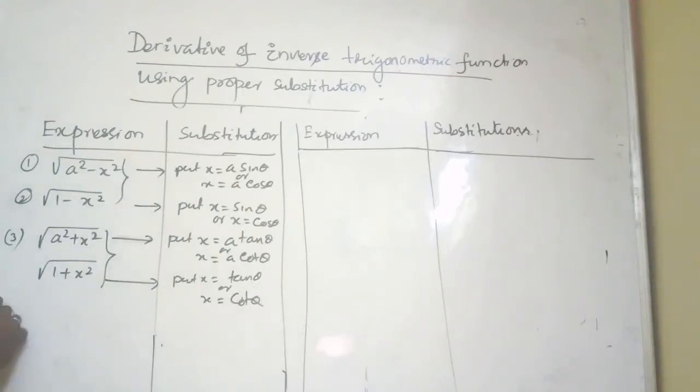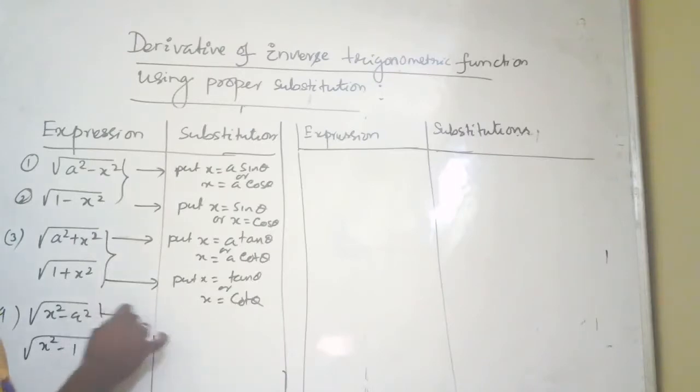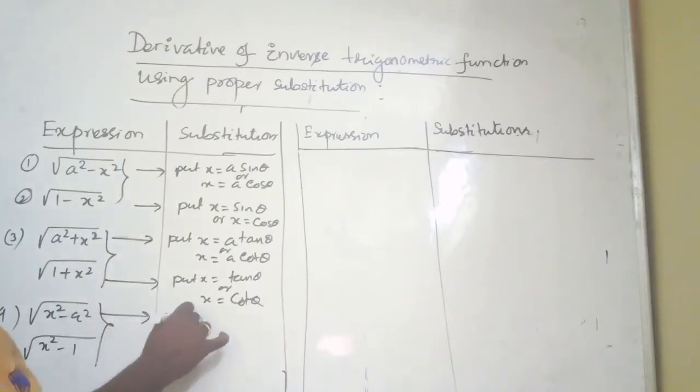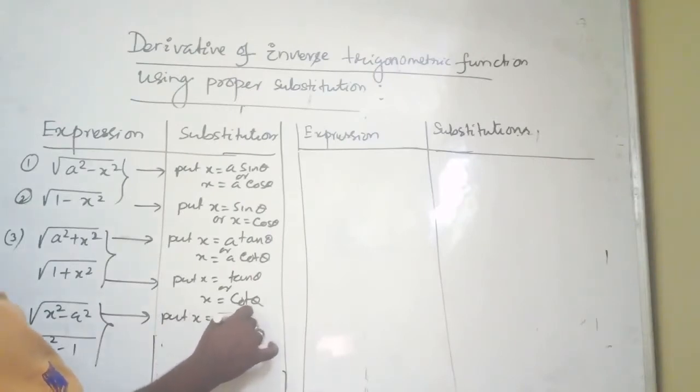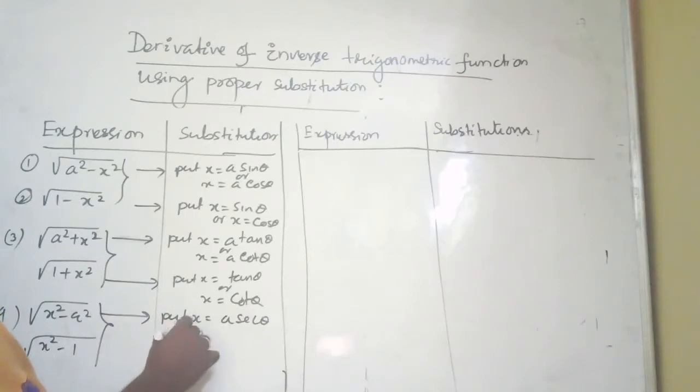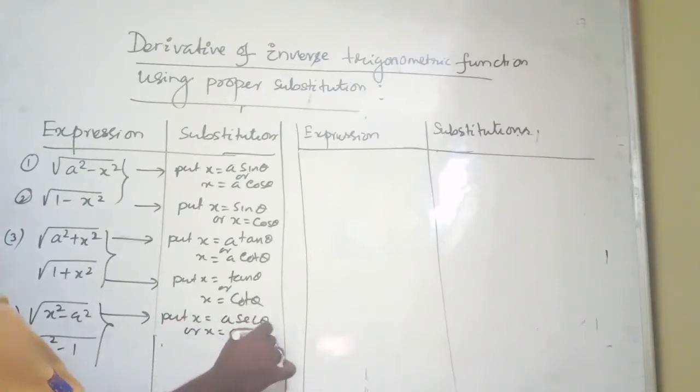Now 4, this is root over x square minus a square. This is similar to x square minus 1. For this put x is equal to a sec theta or x is equal to a cosec theta.